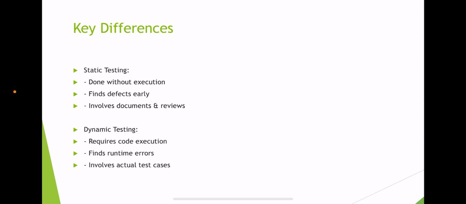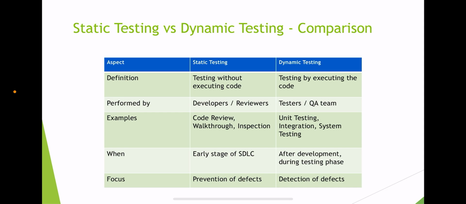Static testing finds defects early, whereas dynamic testing finds runtime errors. Static testing involves documents and reviews, whereas dynamic testing involves actual test case execution. Here you can see on the screen we have a table which gives us a brief picture of the difference between static testing and dynamic testing. Let's go one by one.